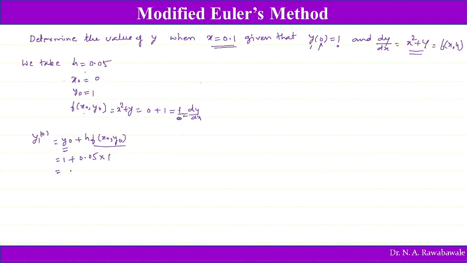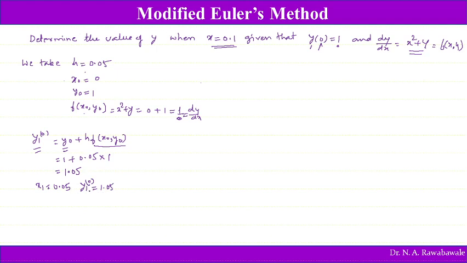At that time we get this as 1.05. So this is to find out y1 with 0 iteration, or the first attempt to find y1. So we take x1 value as 0.05 and y1 value as 1.05. This is the 0th attempt, therefore we write this as y1 of 0.